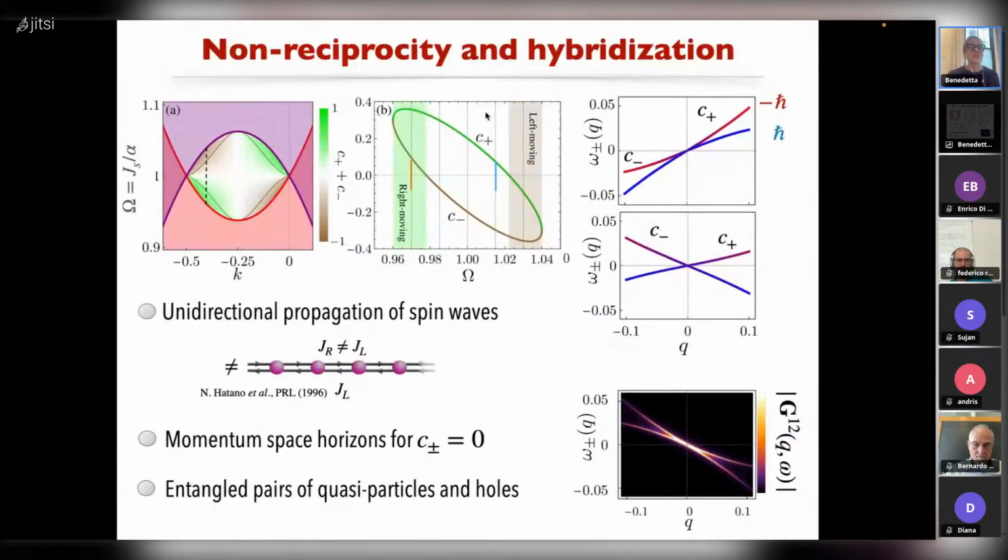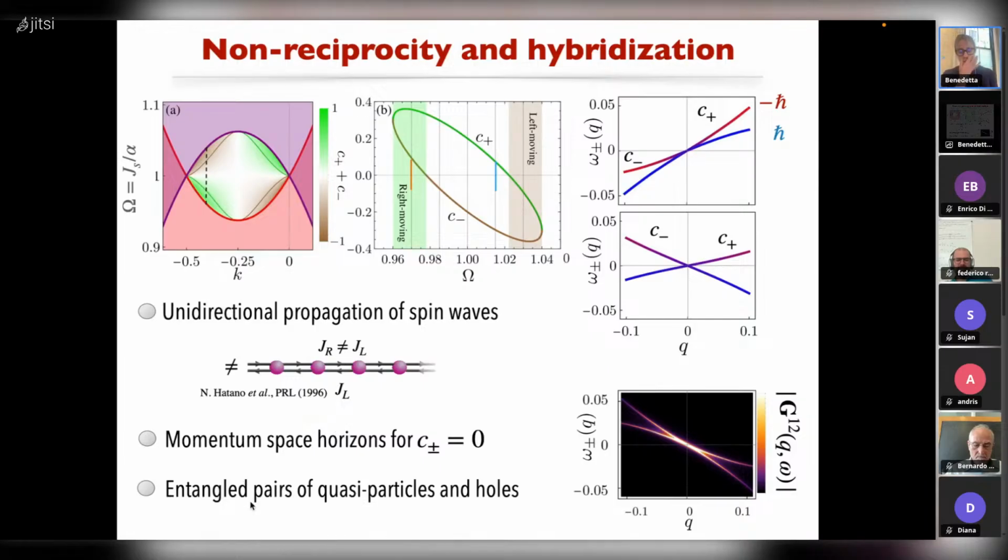So what it means is that if you actually launch a spin wave that matches that wave vector in momentum space at which the velocity becomes zero, it will just get stuck, like frozen. But I will show you in a second a more physically intuitive example of the generation of these horizons.